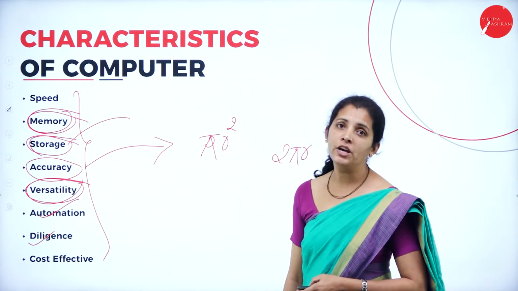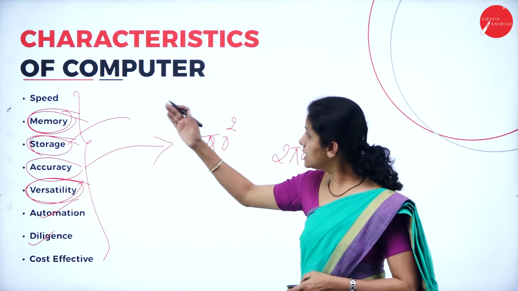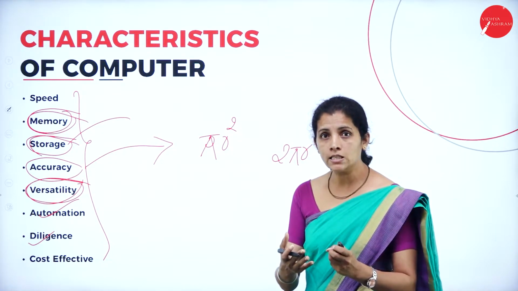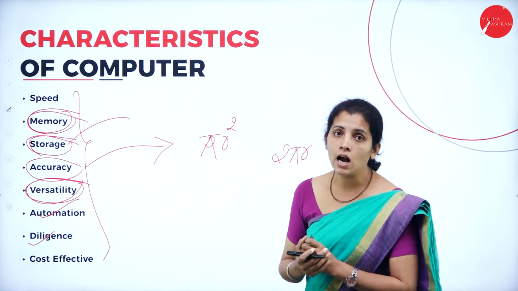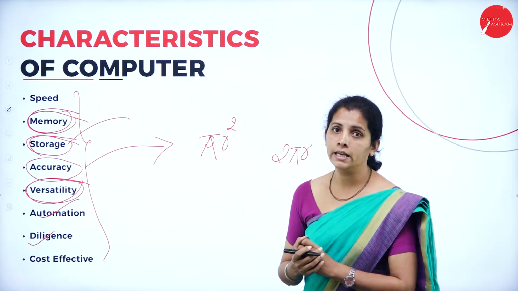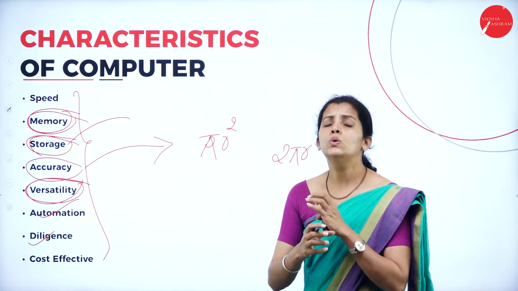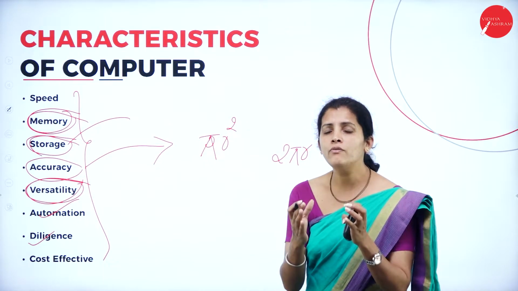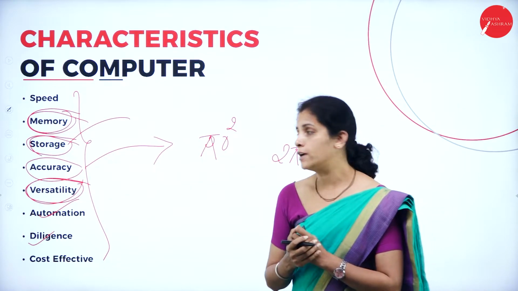And automation. If I consider the computer system, all the work is carried out automatically. That means no need of manual calculation. It is going to perform all the activities automatically.